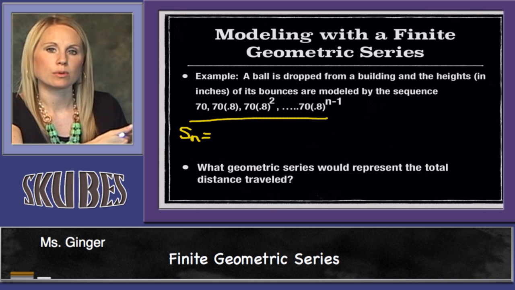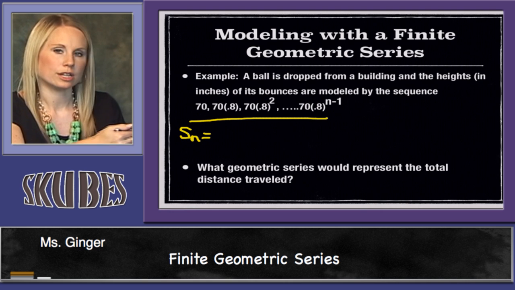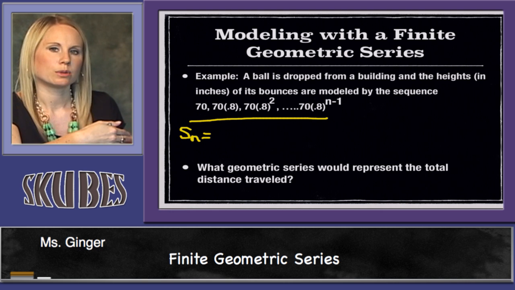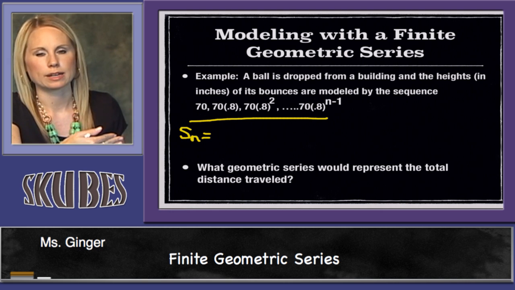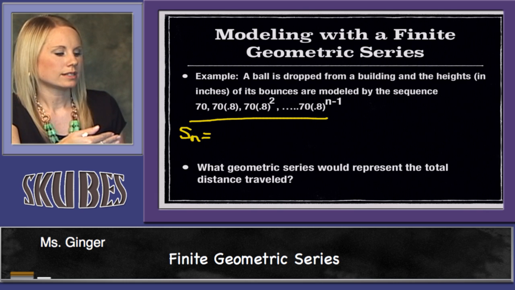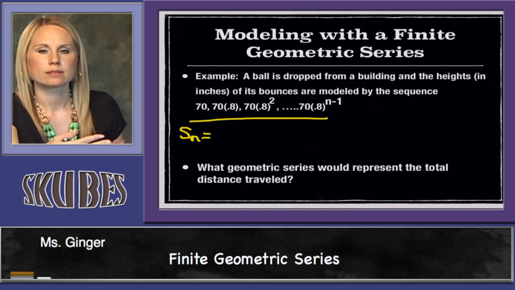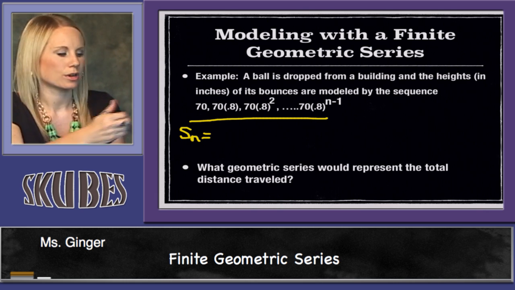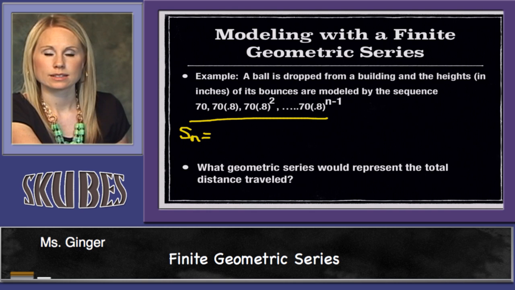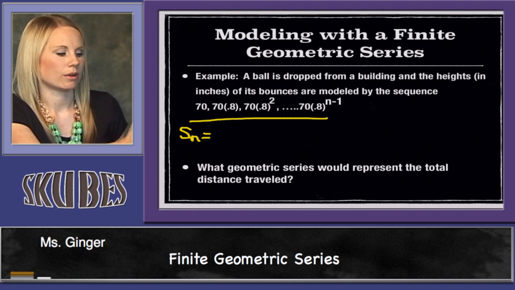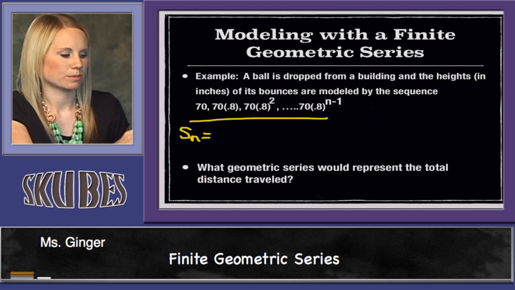So we're going to have to double this amount for each complete bounce. So we're talking 70 inches up, 70 inches back down to the ground. And then the next time that it bounces, it'll be a little less high. Okay, it'll be a little shorter. It'll be 70 times 0.8 and then back down to the ground, and then so forth. You can see that in the terms here.